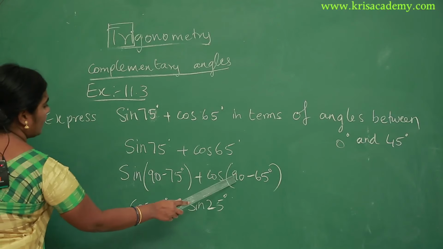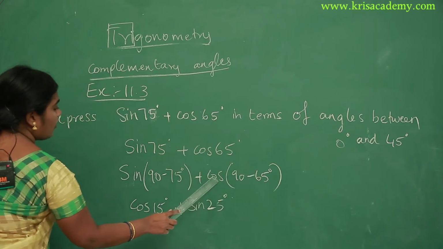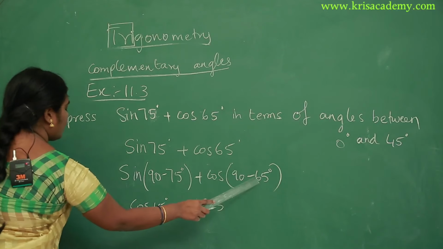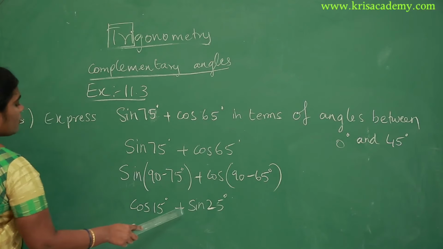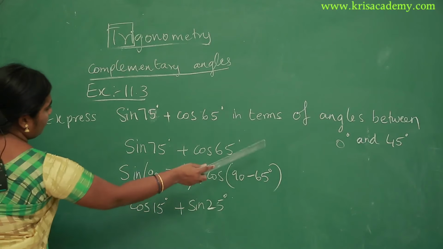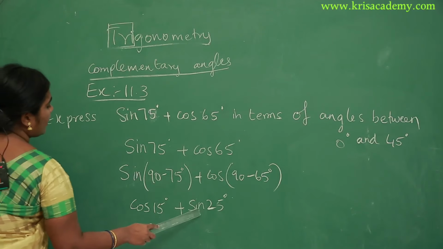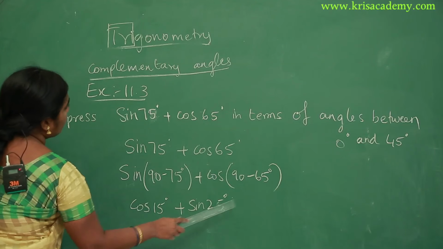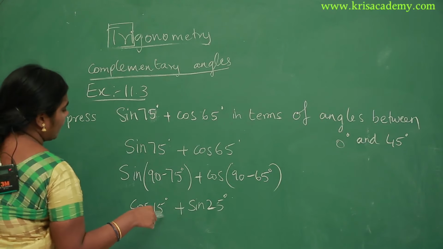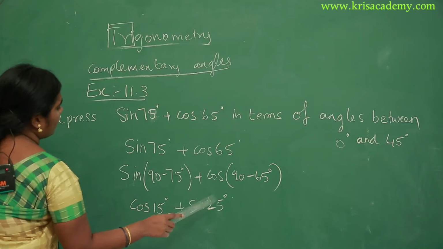Cos of 90 minus 65 degrees. Cos 90 complement is sine. 90 minus 65 degrees is 25. So if you observe, cos 15 degrees is between 0 to 45 only. Now sine 25 degrees is also between 0 to 45 only. So this is in terms of angles between 0 to 45 degrees.